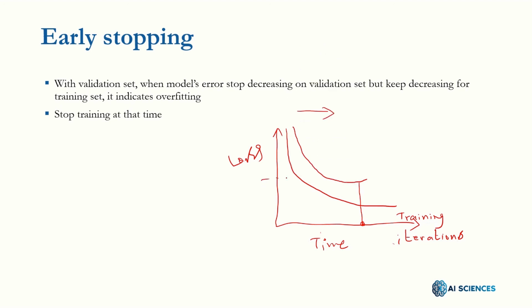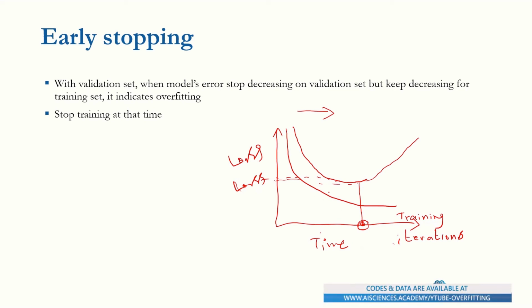the validation set is giving the lowest possible loss at a specific time, but it starts increasing after that time. So if we keep on learning, our loss is going down, but the validation set is giving a greater loss.